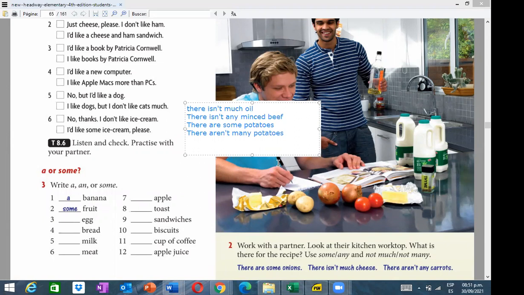Another example, maybe, please. Look at the picture, and remember the ingredient. There isn't much time. Yeah, very good. There isn't much time, right?